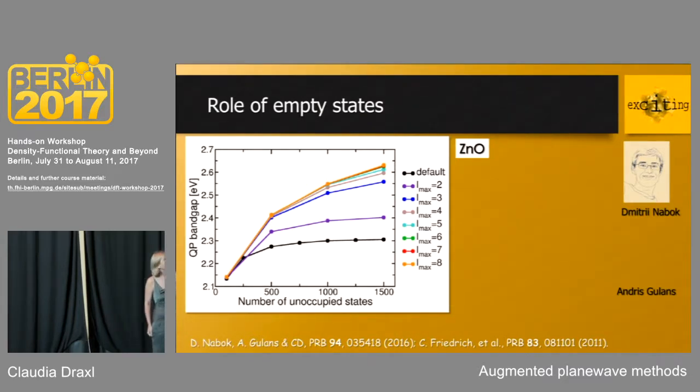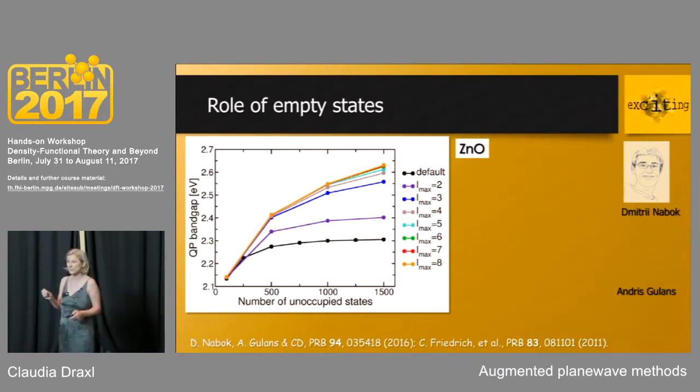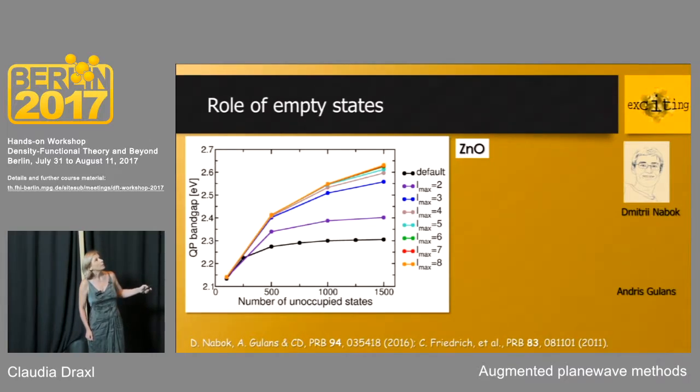But now if you increase your basis set, and you have to use the improved basis set, it's not the number of bands that counts here, it's the quality of unoccupied orbitals. So if you do better, you go up to L max equal 2, then you converge again, but you converge to a different value, and going higher you converge again. And you see, depending on the basis set you take, you can get any result you want.